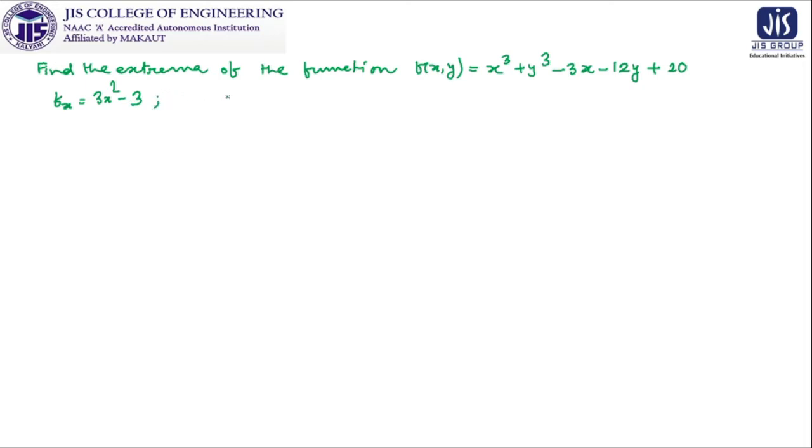I am doing it side by side so that I can make this whole calculation in this slide, because if we change the slide, this question will not be here. But in your examination, please try to do it in a proper, decent manner. Now fy is the partial differentiation of this with respect to y, so it will be 3y square minus 12.